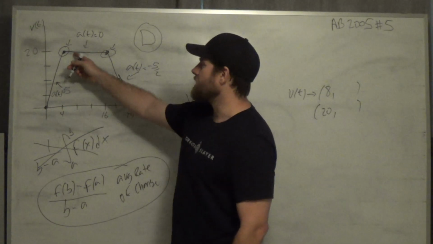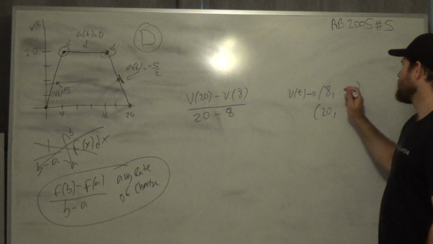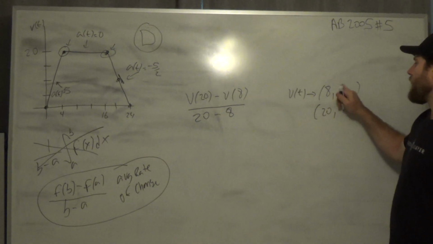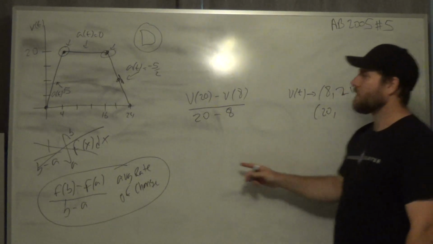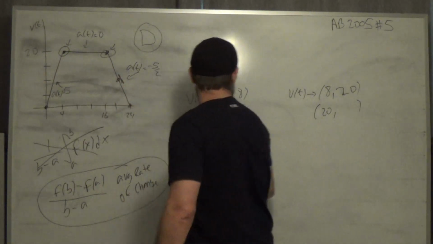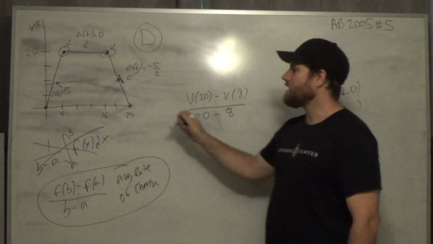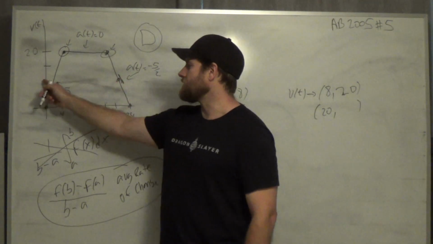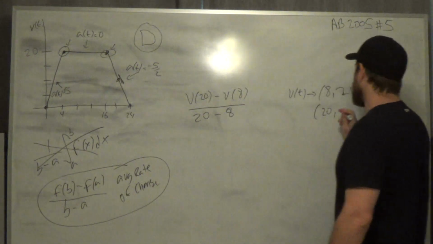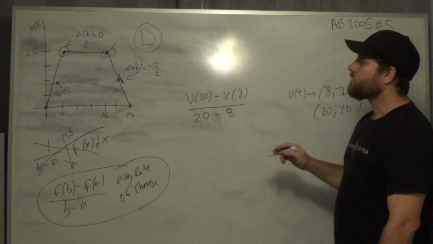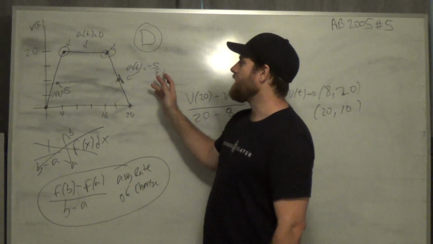It's at 8 comma 8. No, wow, bad Pike. 8 comma 20. Sorry, that's up here at 20. And now we're at 20 comma, and you might not know where this height is at. You can see the height at 20 is at 10. Now, how can I be sure it's at 10? Well, folks, my slope here is down 5 over 2.